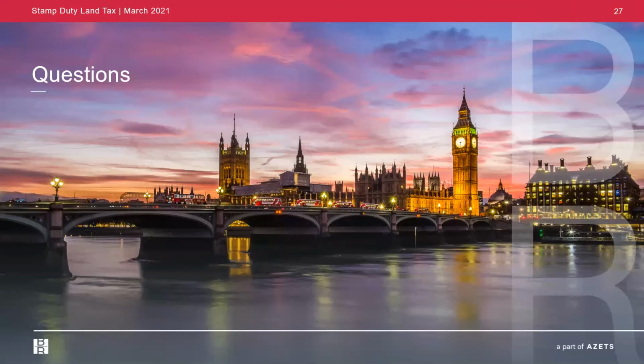Thank you, Sean. When a property is owned by a husband with the mortgage, and when the wife gets added to the title, would the wife get a liability for SDLT? Okay, so thank you for that. It's quite a common fact pattern, so transfers of equity between spouses.